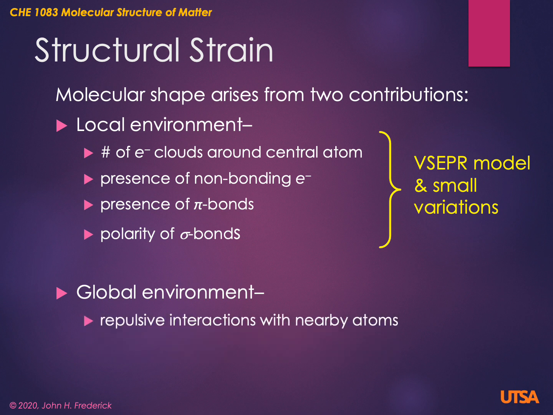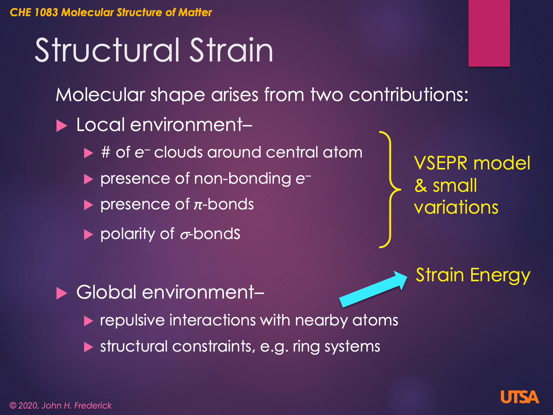The global environment is what leads to repulsive interactions with nearby atoms. That is, nearby and not connected to an atom with a bond, but nearby because the structure of the molecule brings it nearby. It also can be constrained by things like ring systems. If we connect our atoms together in a ring, and we'll talk about that more in Module 5, this also can provide some constraints that affect the shape of the molecule.